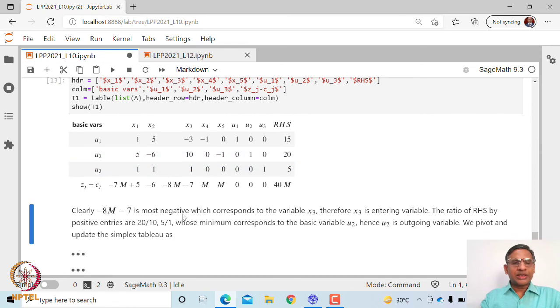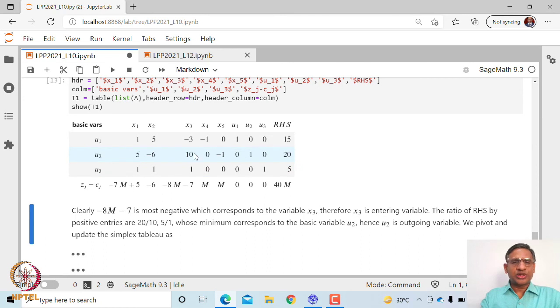We will look at the most negative reduced cost coefficient, which seems to be minus 8m minus 7, that is corresponding to the non-basic variable x3. Therefore x3 will enter, and now we will look at the ratio. The ratio here is negative, so we don't have to consider it. This is 20 by 10, which is 2. This is 5 by 1, which is 5.